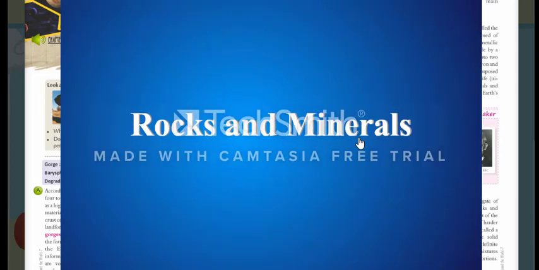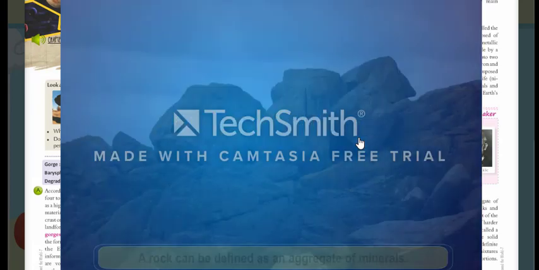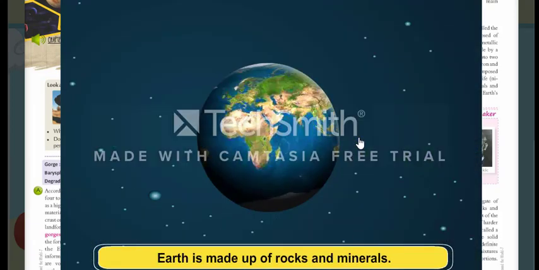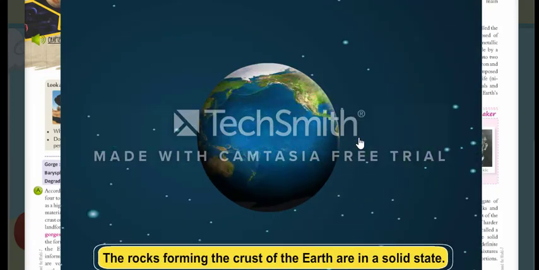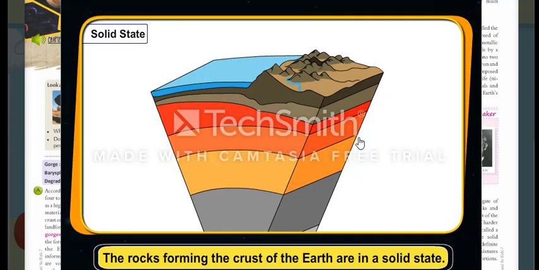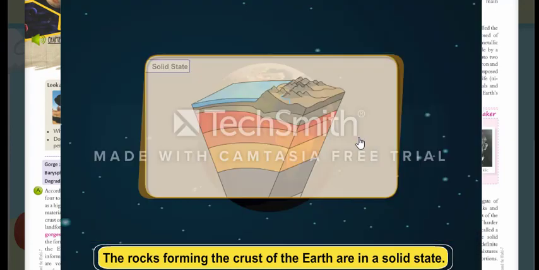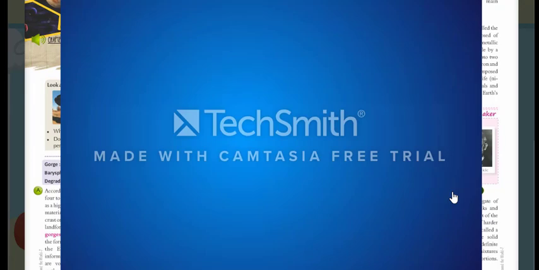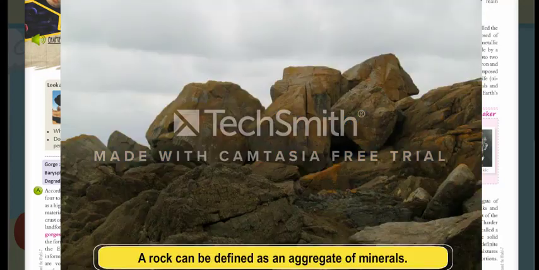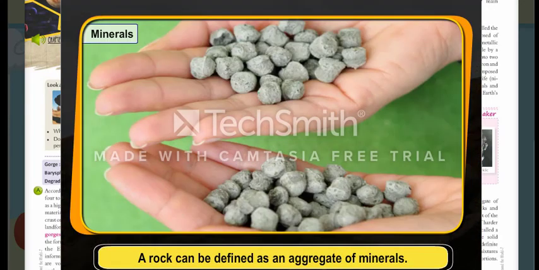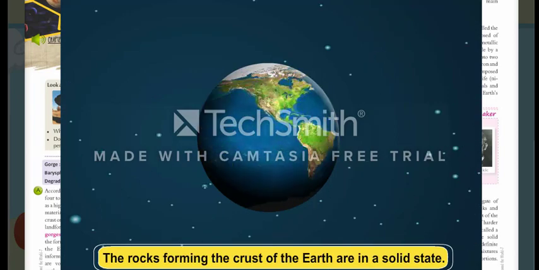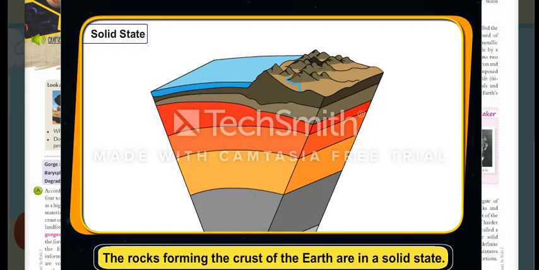Rocks and minerals. A rock can be defined as an aggregate of minerals. Earth is made up of rocks and minerals. The rocks forming the crust of the earth are in solid state. Any mass of a harder solution of rocks and minerals. A rock can be defined as an aggregate of minerals. Earth is made up of rocks and minerals. The rocks forming the crust of the earth are in solid state.